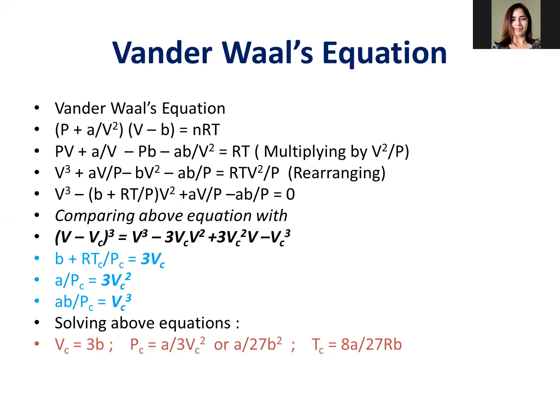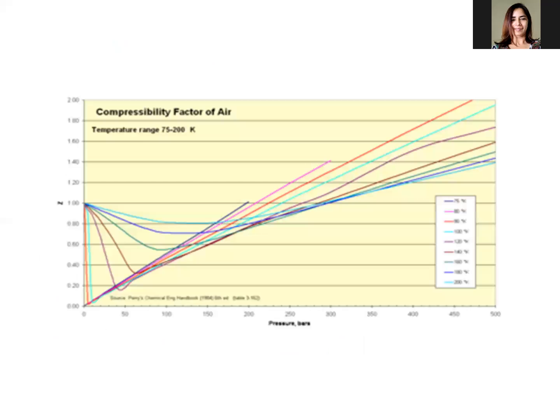Every gas obeying the van der Waals equation will have its specific van der Waals constants a and b. R is the gas constant. From the values of a, b, Vc, Pc, and Tc, we can get the parameters for the critical state.